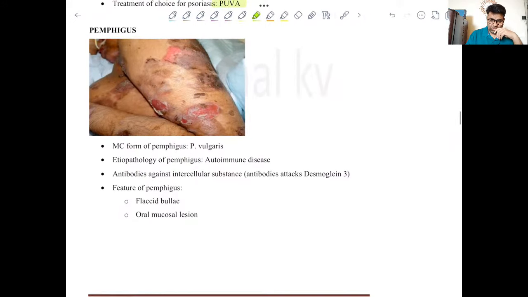Then moving forward to pemphigus, the classical condition is pemphigus vulgaris, which is an autoimmune disease. When we say autoimmune, it means the immune system is directed against the normal tissues of the body, and here there are antibodies directed against desmoglein 3.